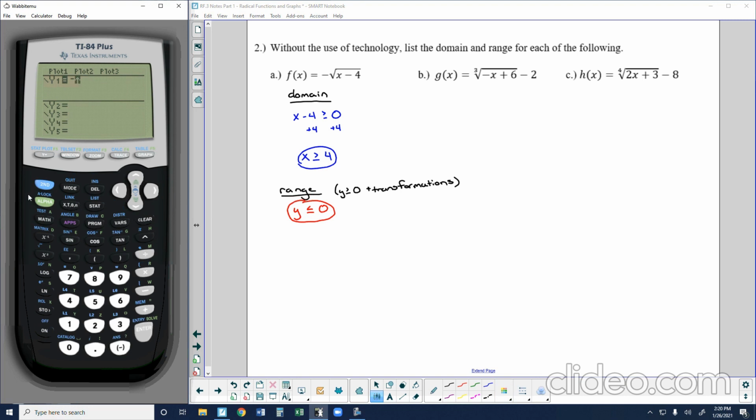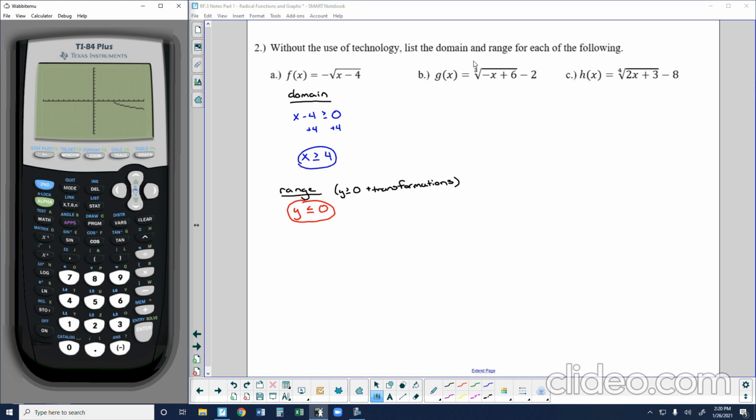Now for roots with an odd powered index, it's a little bit easier. Domain and range will always be all real numbers, for all cases that we will see in Algebra 2.